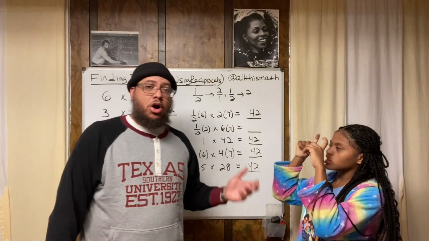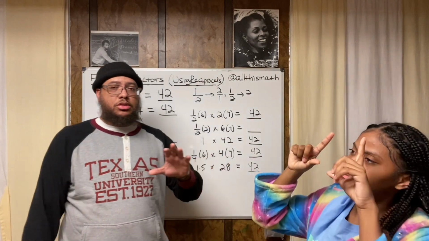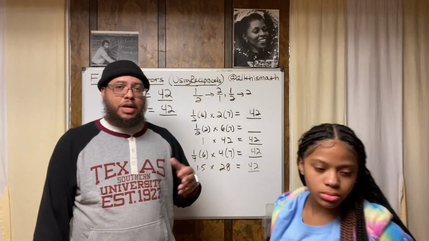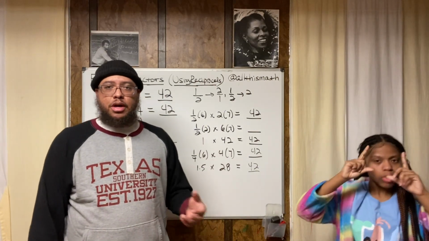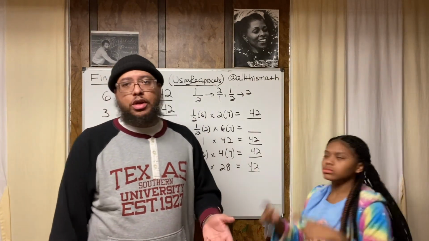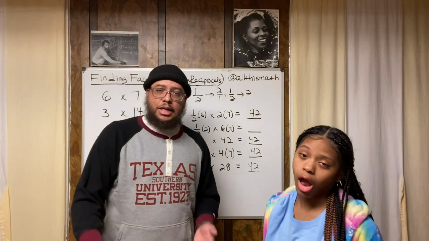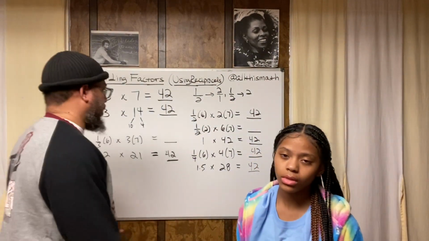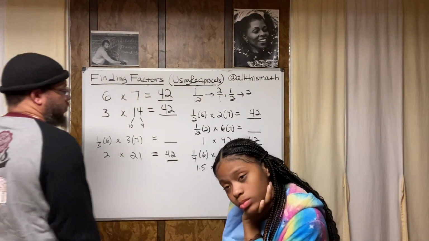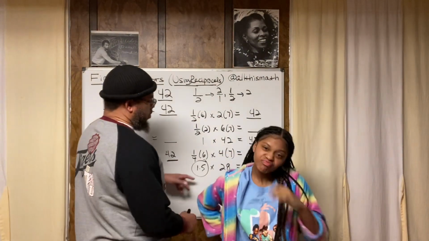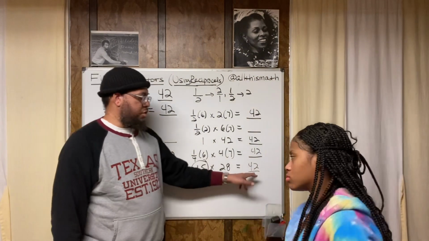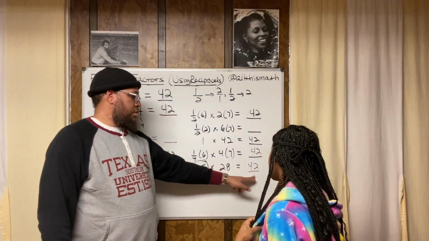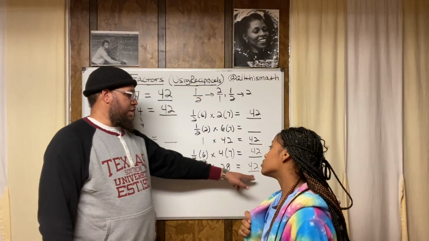Now, all of those reciprocal fractions might not yield actual factors, because remember, in order for a number to be considered a factor, it must be a whole number. In some cases you're going to get decimals, like we had right here. So 1.5, Assata, is not a factor of 42.